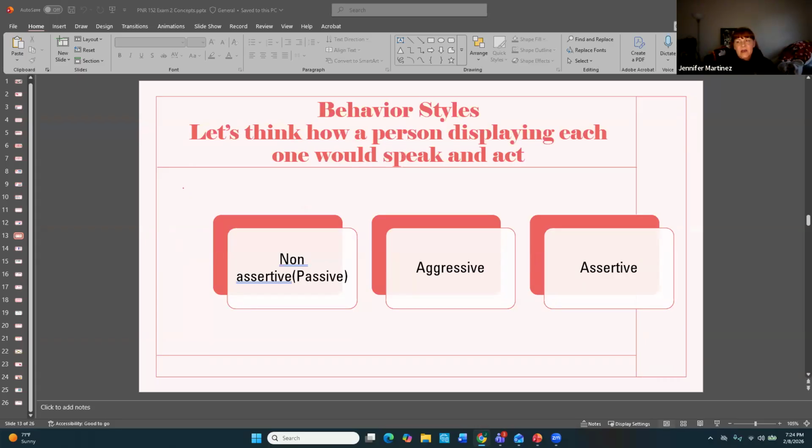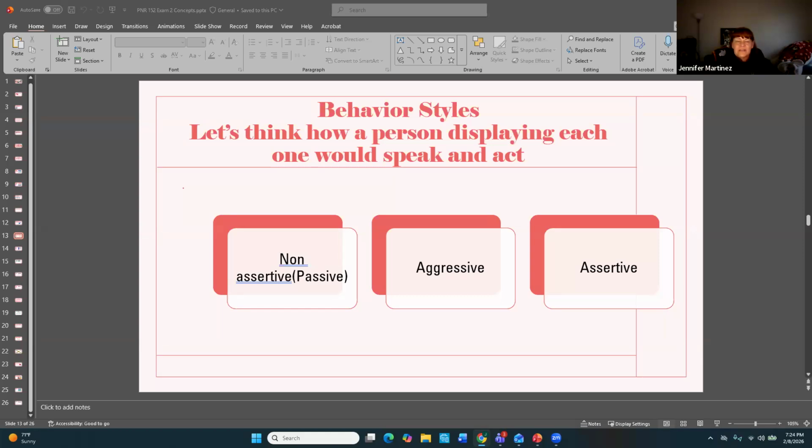Behavior styles. So we talk about passive, assertive, and aggressive. What is an aggressive style? It's like a bully. So aggressive could be more of a bully, right?